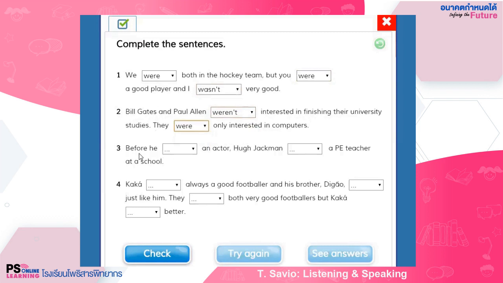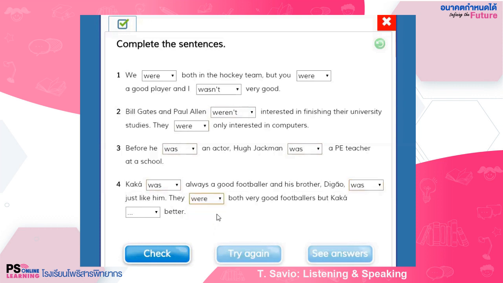Next, number 3. Before he was an actor, Hugh Jackman was a PE teacher at a school. And number 4, Kaka was always a good footballer, and his brother, Digao, was just like him.